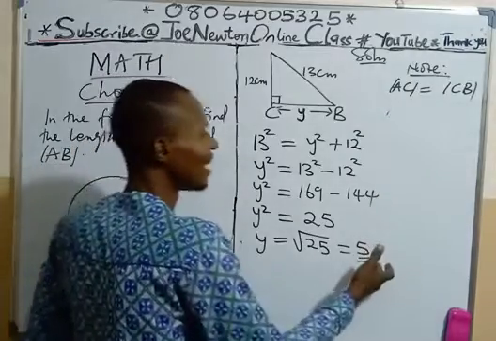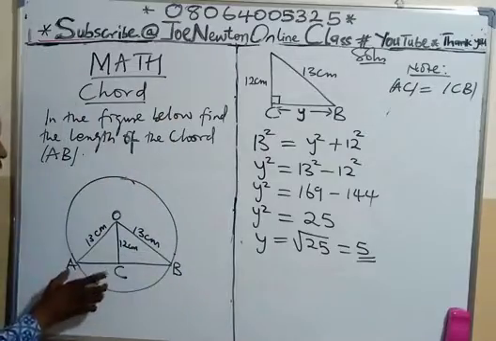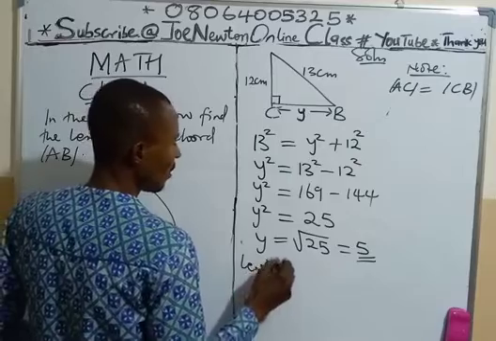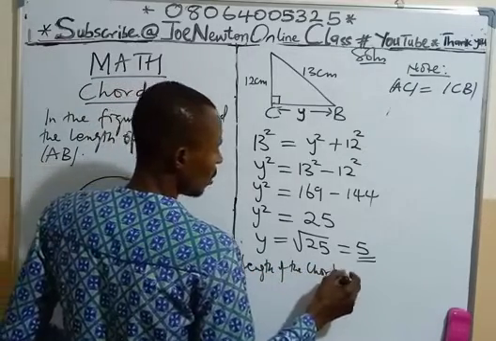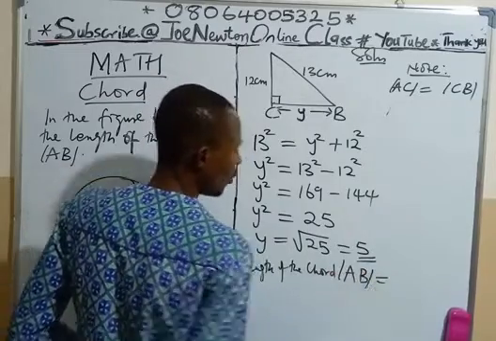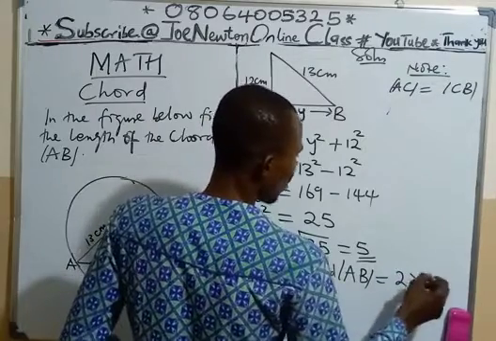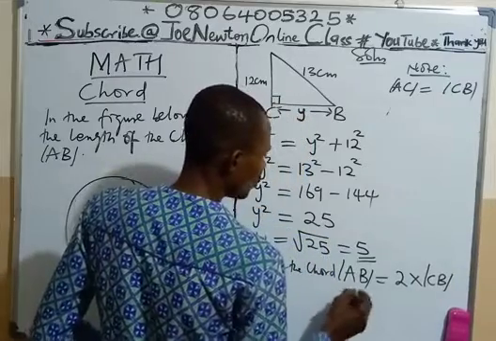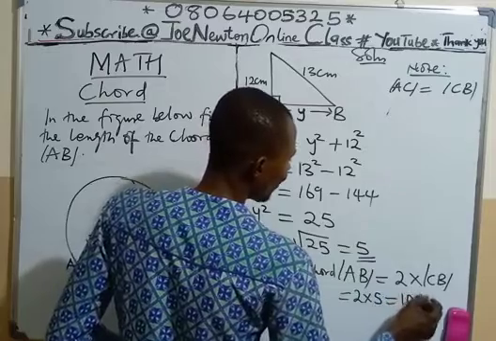But this is not our final answer anyway. This is our CB. Recall that our length of chord is AB. So the length of the chord, which is AB, is equal to 2 times our CB we obtained, which is equal to 2 times 5, equal to 10 centimeters.